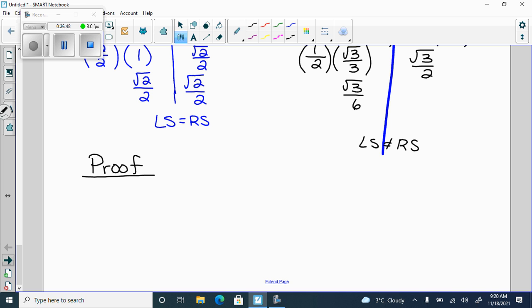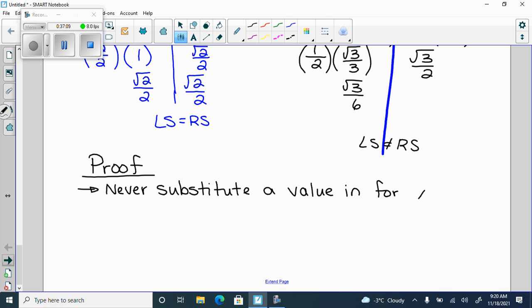So, a proof is you never substitute a value in for x. And you use formulas off your formula sheet.